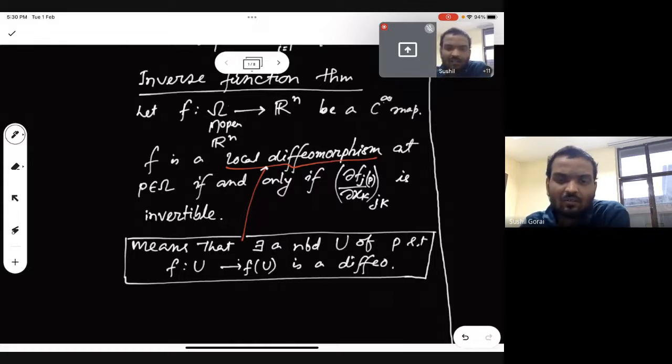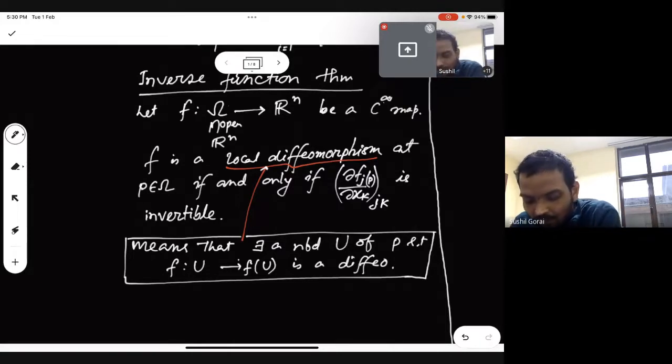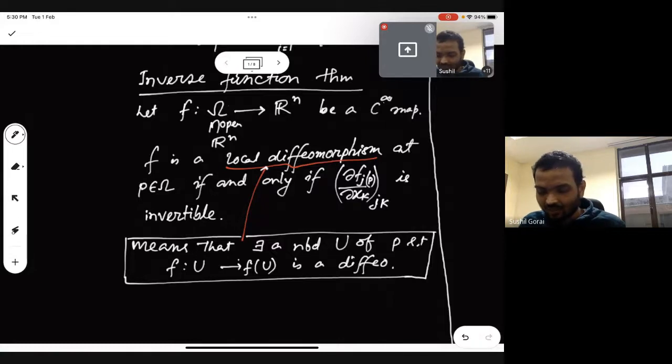Otherwise, if you look at C1 smooth maps, you can say C1 diffeomorphism or just diffeomorphism. People say diffeomorphism, and in which category it is should be clear from the context. It is generally clear from the context. So if you are working with a C1 map and you are talking about diffeomorphism, then it is a C1 diffeomorphism.